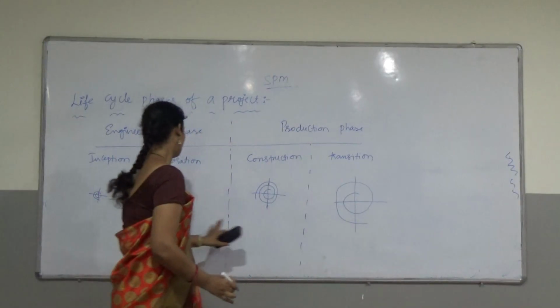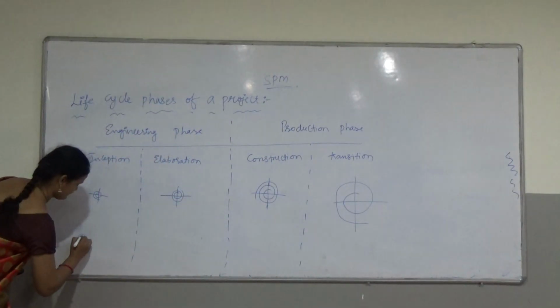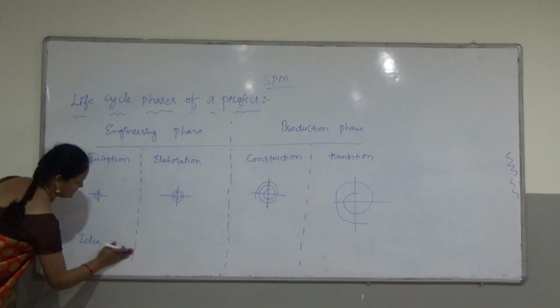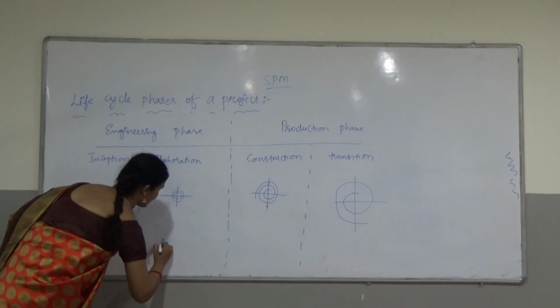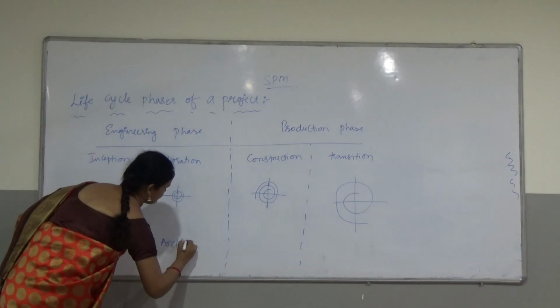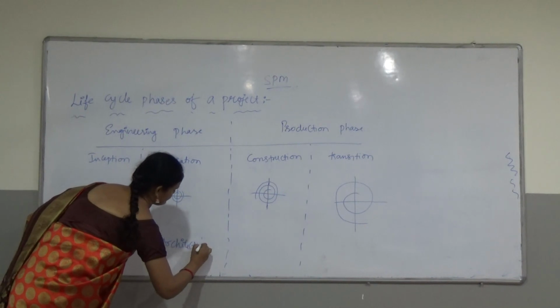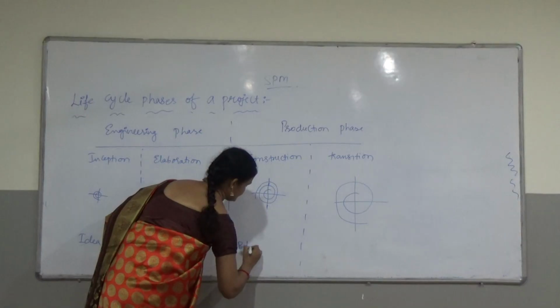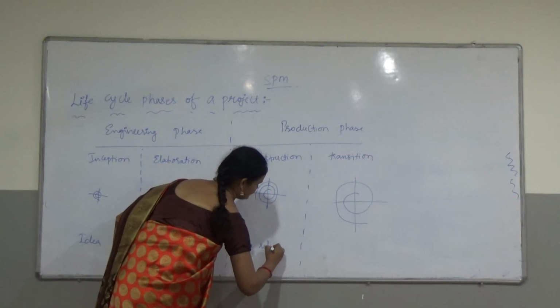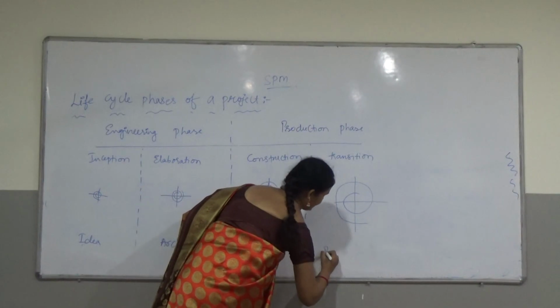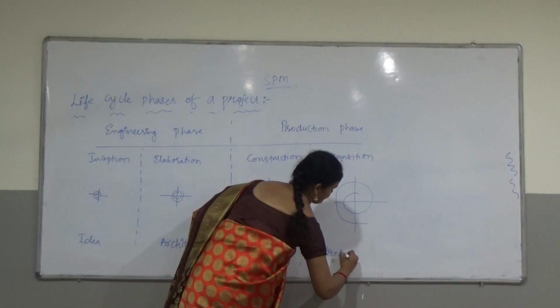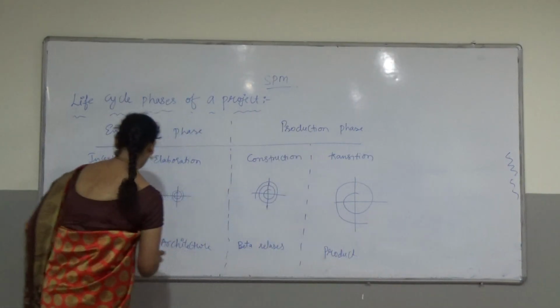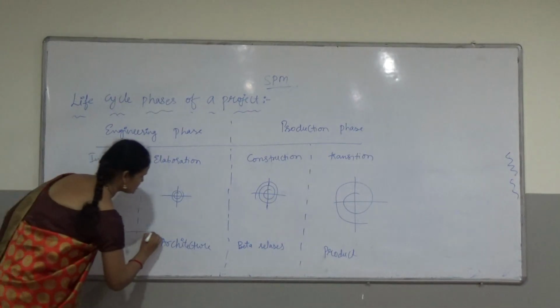So like this, first our idea, and the next one is architecture, and the third one is beta releases, where testing and everything will be done, and finally our product is ready without errors. This we can show like this.